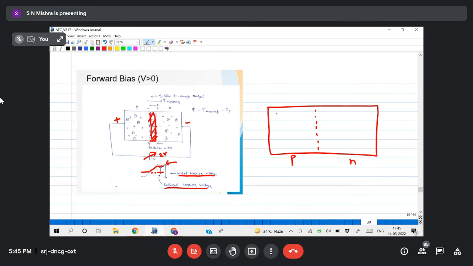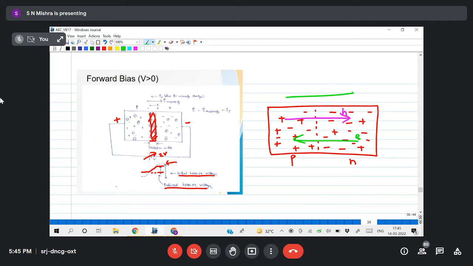I get majority carriers as holes here, and minority carriers as electrons here, with more electrons on this side. So holes can now easily move from here to here, and electrons can easily move from here to here. So net current will flow.